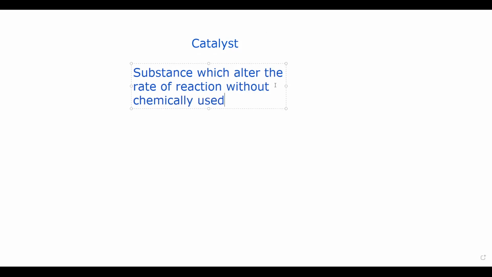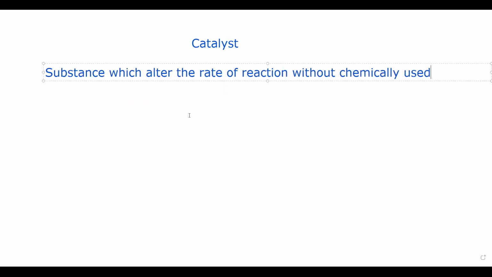So the amount of the catalyst does not change throughout the experiment, because it only speeds up the reaction, but it does not take part or add to the reactant mixture, or change the amount of the product.